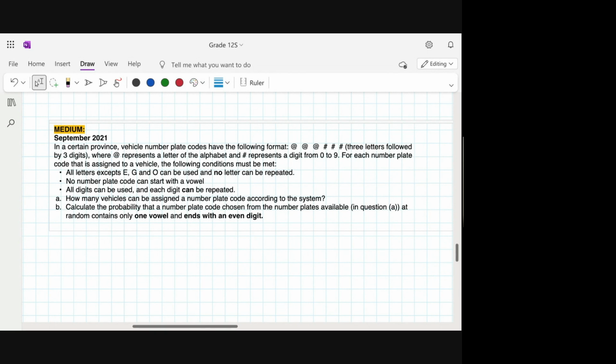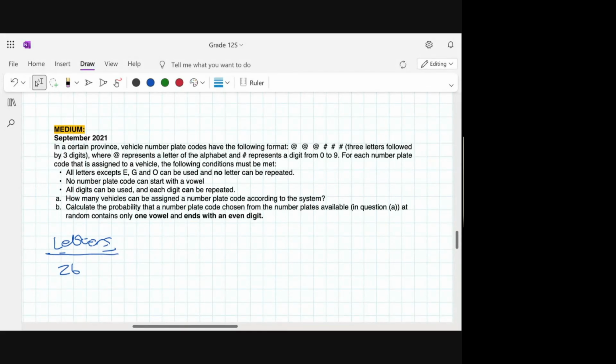Let's start by looking at our letters. How many letters are there in the alphabet? There are 26 letters in the alphabet. But what does it say?